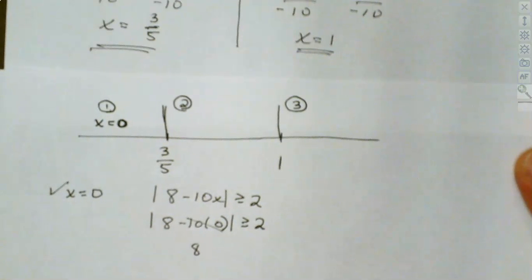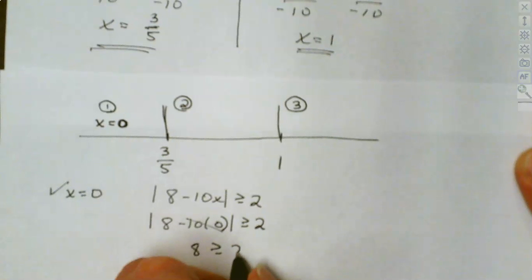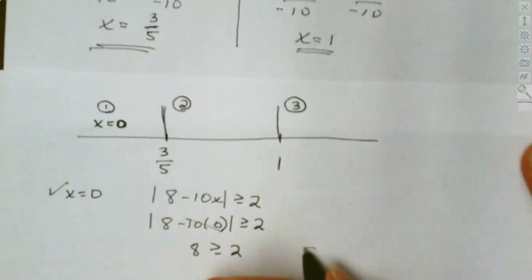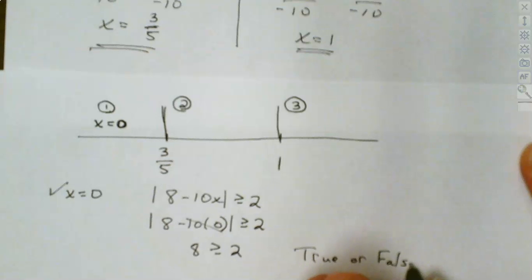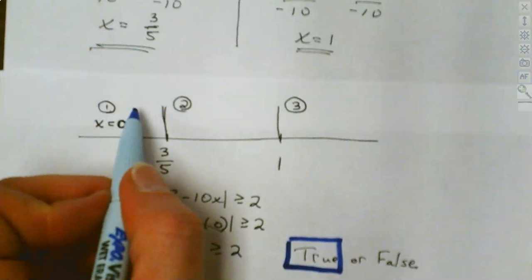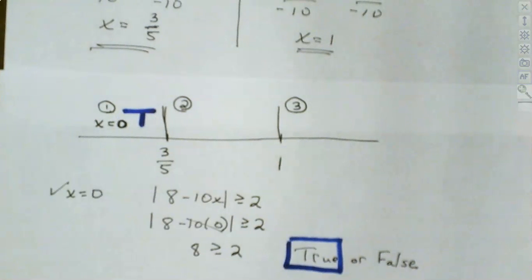So we've got 8 is greater than 2. Is that true now or false? Okay, 8 is definitely bigger than 2. So again, that would be then what? True. So 0 is back here in this region, and that region is true.